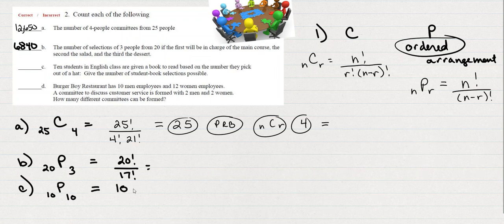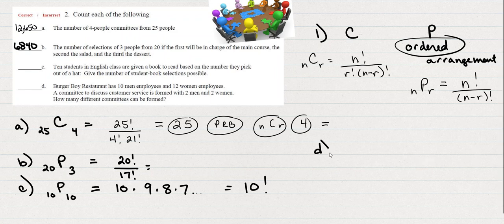If there's 10 students to choose from for the first pick, and then there's 9 left, 8 left, 7 left, etc. Do you see that that's the same as 10 factorial? So either way, we're going to get the same number, and I'm going to leave that for you to put into your calculator to show that you can do that.